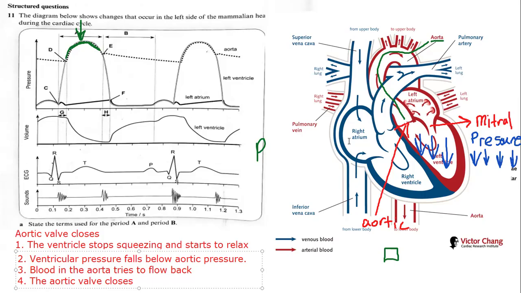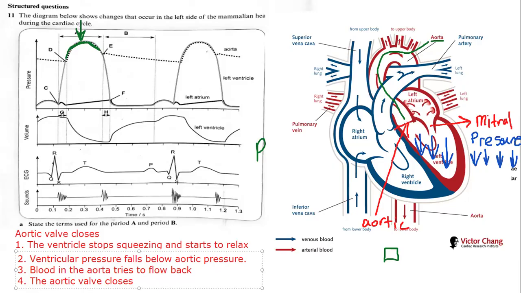Next, do you think the mitral valve is going to open back again? Remember, this closed, so blood already went through, but is the mitral valve going to open back again? Yes, it is. What causes the mitral valve to open? The contraction of the atrium. Which two pressures?